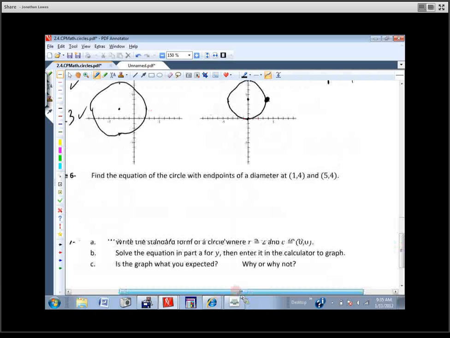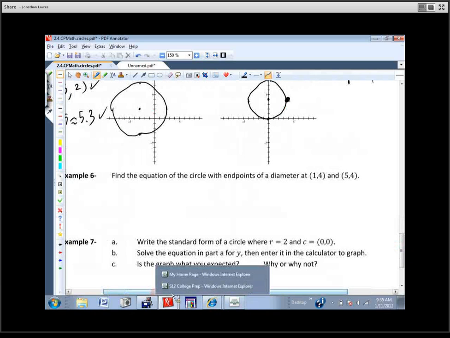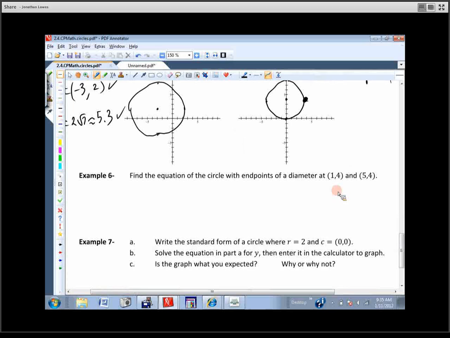Find the equation of a circle with endpoints of a diameter at 1, 4 and 5, 4. Endpoints of the diameter. Now this one's not too bad. 1, 4, and 5, 4. Those are the endpoints of the diameter.